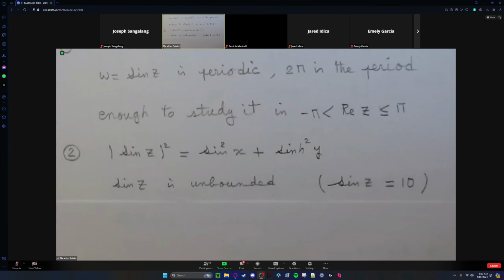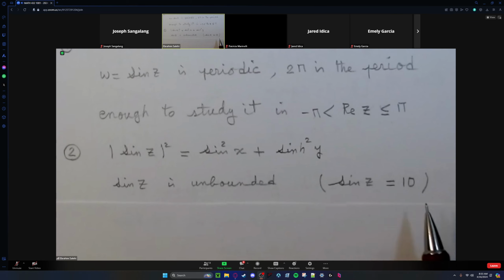And when we were studying sine z by itself, I sort of told you that in calculus, when we say sine x equals 10, we say, oh, that's ridiculous.